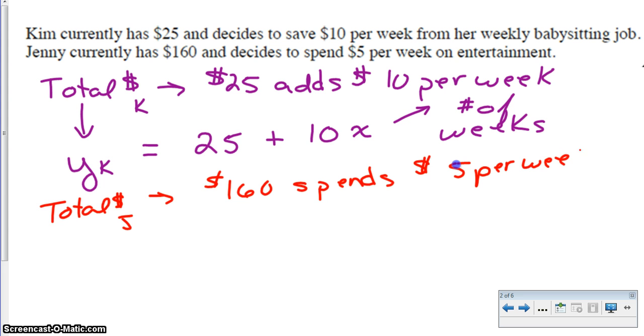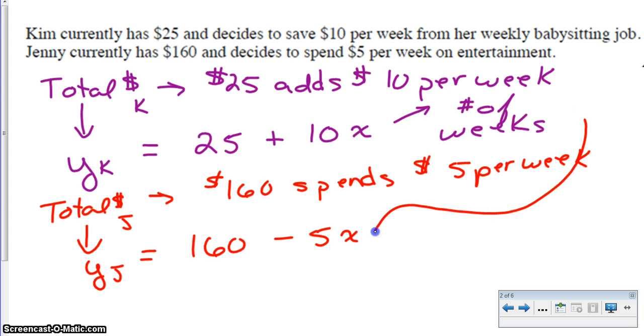When I assign labels for Jen, she still has a total of money. She has a starting point of 160, but since she's spending, she's not adding, she's subtracting $5 per week. Notice that my label is still the number of weeks.